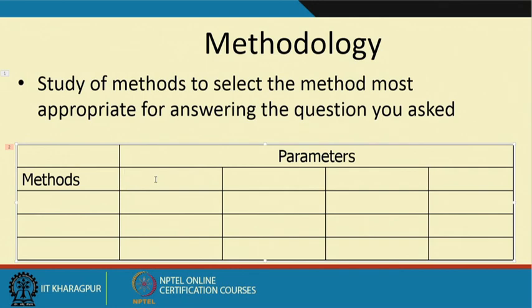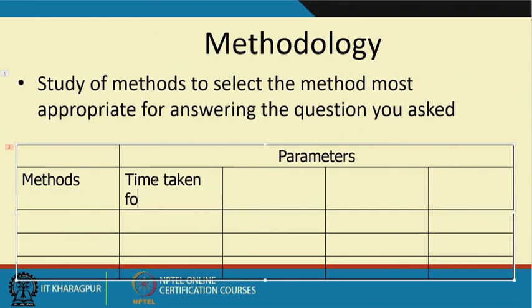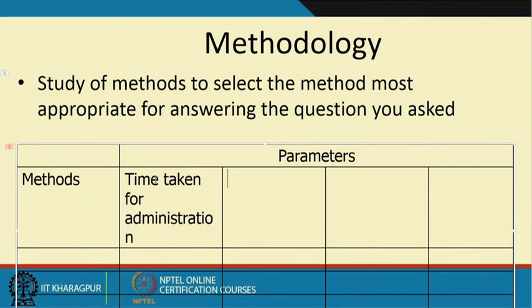Okay. So in the parameters section you write down, say maybe the time taken for, cost, maybe the year in which the method was developed, which could also have a bearing on your choice of the method.